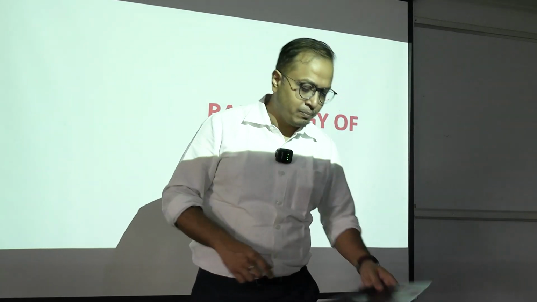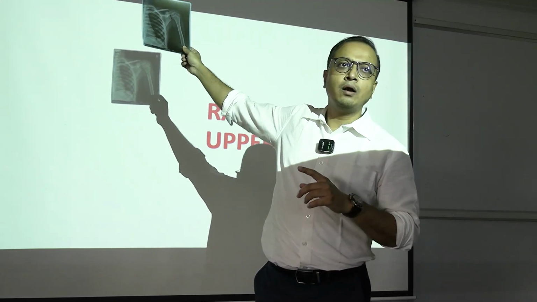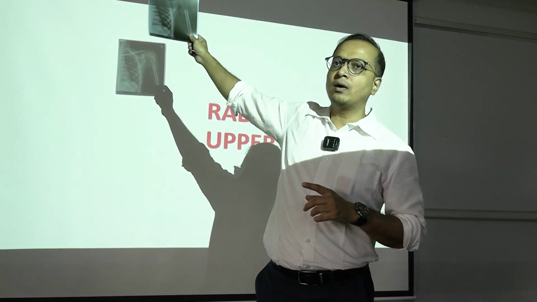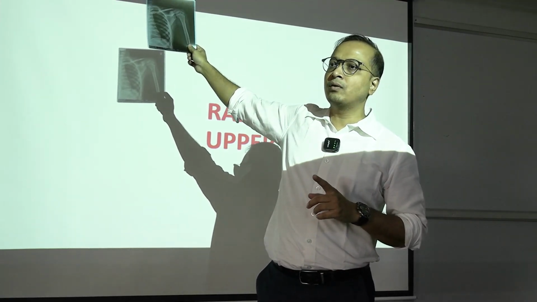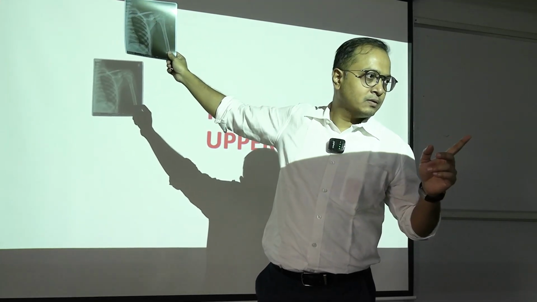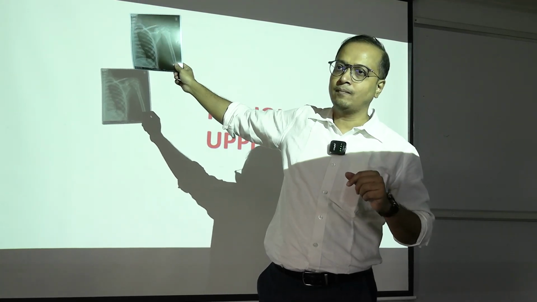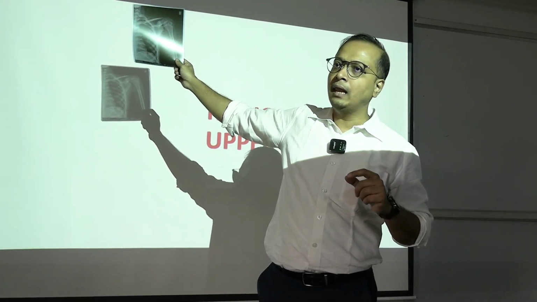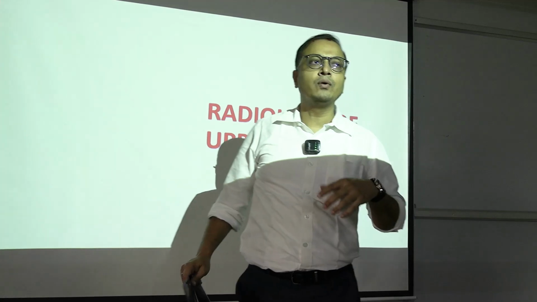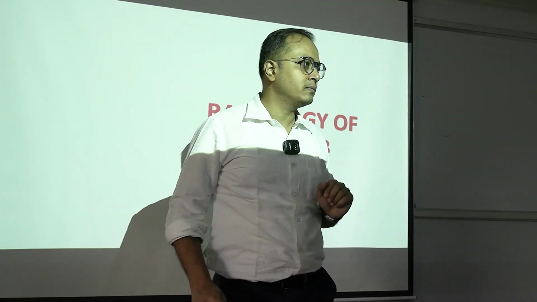So, in a skiagram plate, as you are seeing here, there is a word written on the lead marker, which we call L. The L stands for left. That means the left side of this profile is taken. If this L is not written, we are not going to comment whether it is the right side or left side of the individual you are projecting.